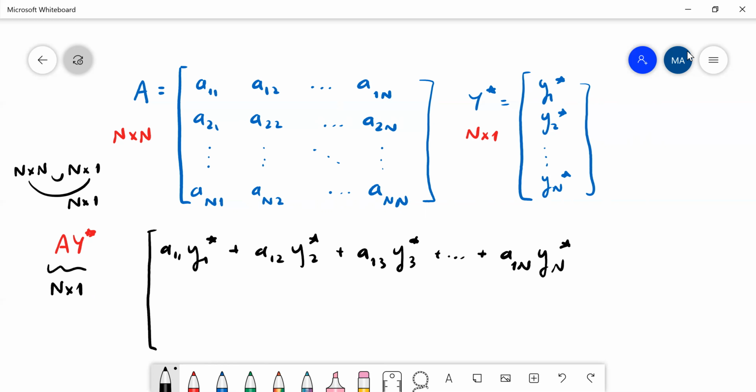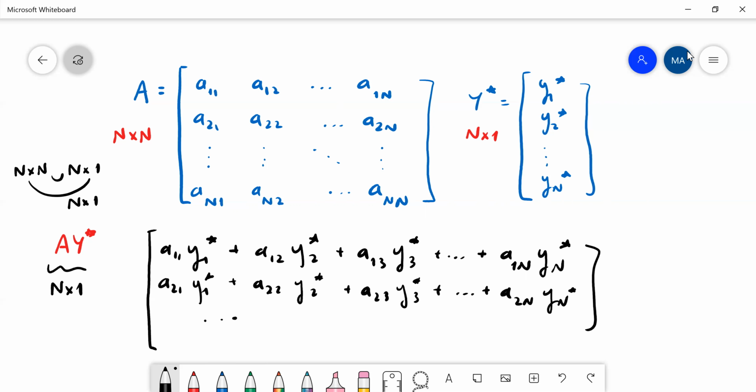Okay? Then you take the second row and multiply it with the first column again. So you have A21 Y1 star, A22 Y2 star, A23 Y3 star, and A2n finally Yn star.